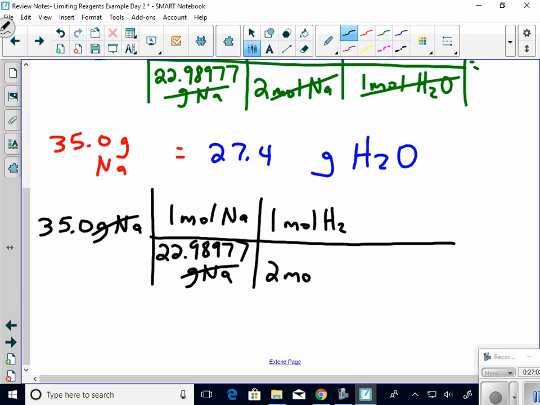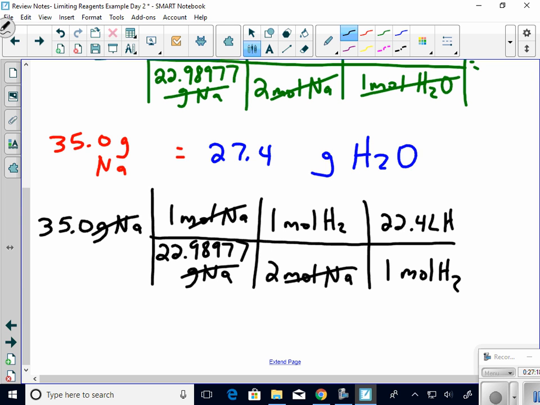I have 2 mole of sodium. So now I've converted this to moles of hydrogen gas. Here's the easy part. I know that 1 mole of hydrogen gas is 22.4 liters because I am at STP, right? It was stated that we're at standard temperature and pressure. So, I do my math.